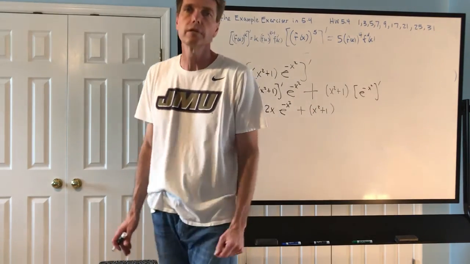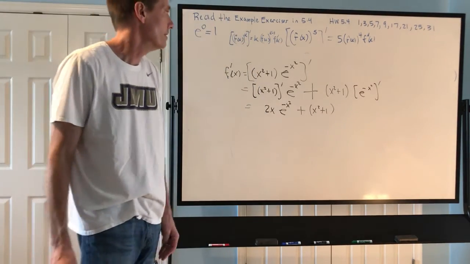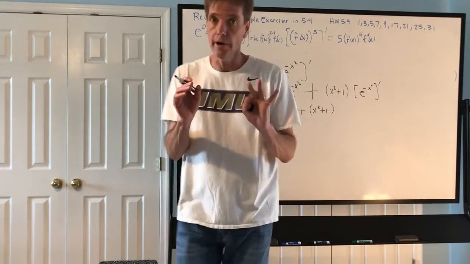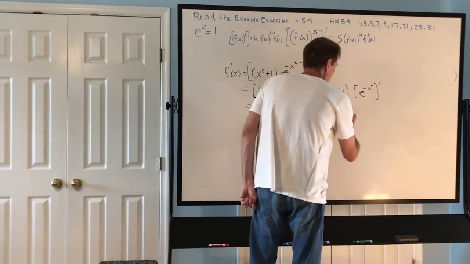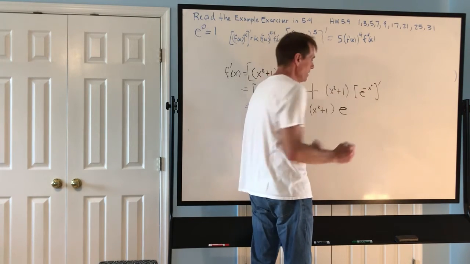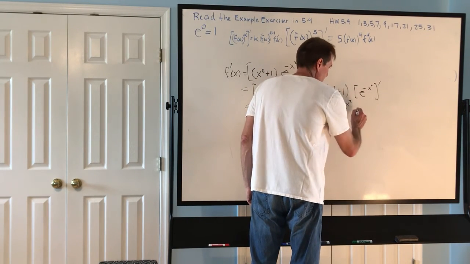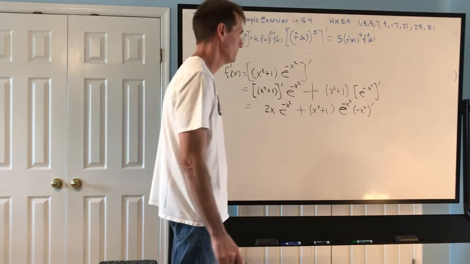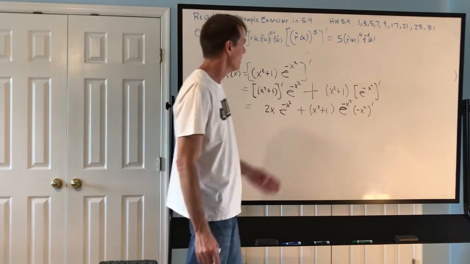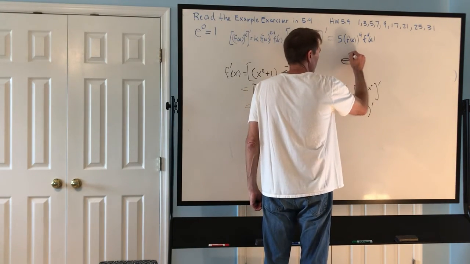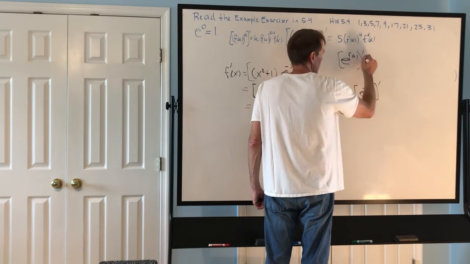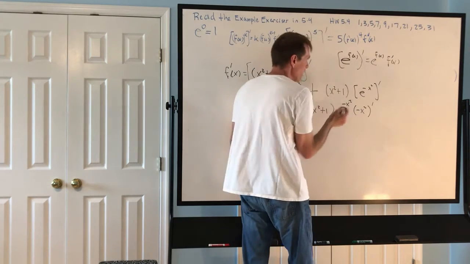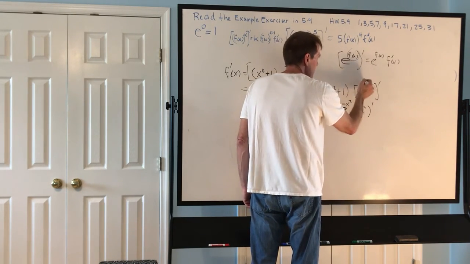Now I have purposely erased the flashcard. But who's the f of x? And hopefully you're like minus x squared. So if I was taking the derivative of this, it would be e to the f of x, that exponent, then times the derivative of that exponent. And again, I'm just using the flashcard, where in this case, the f of x is that guy there.